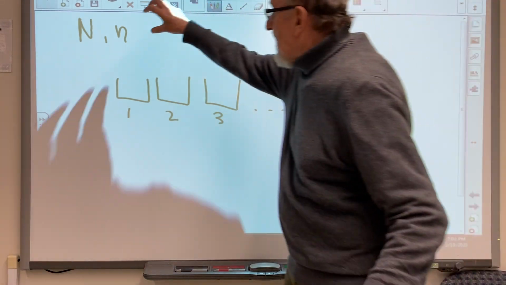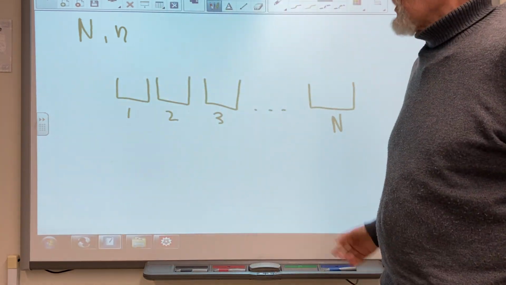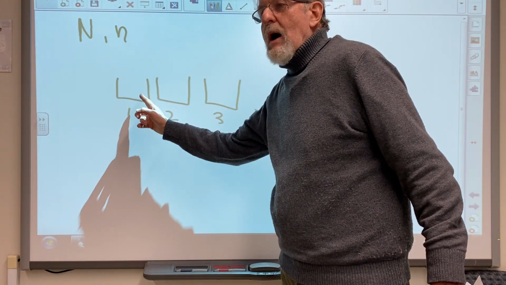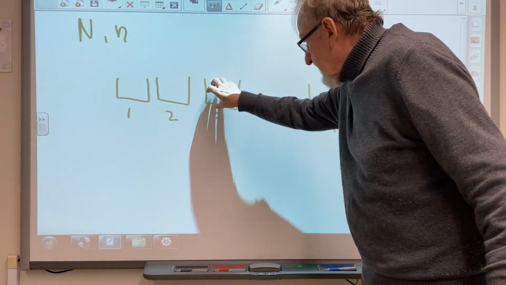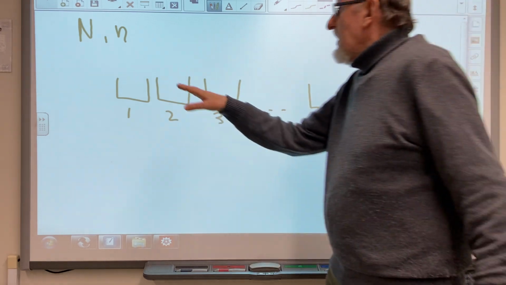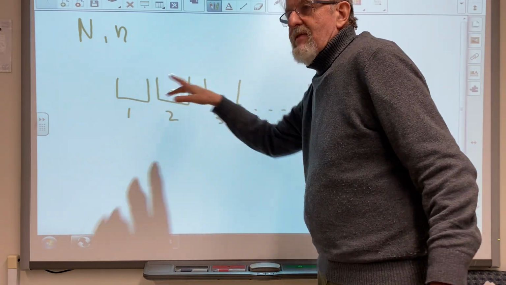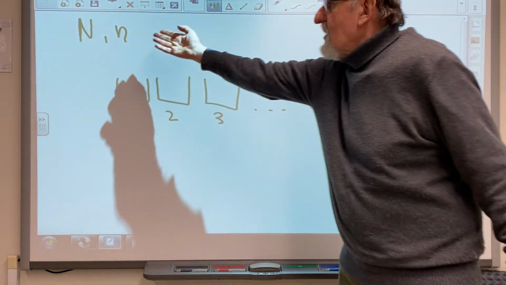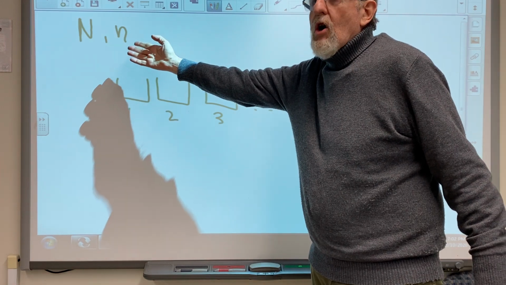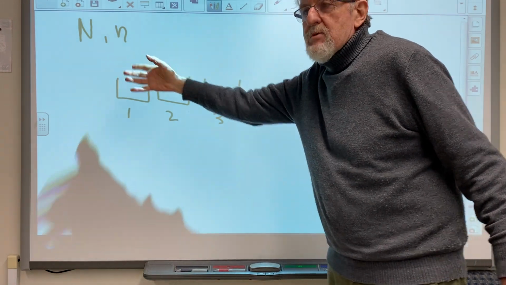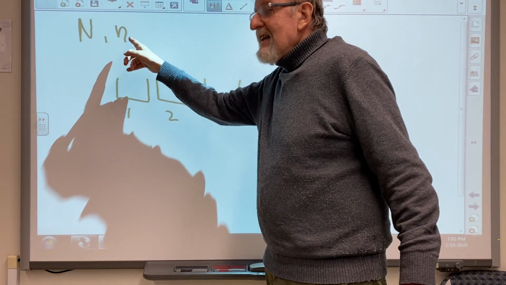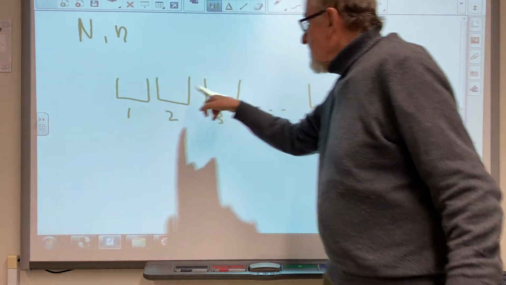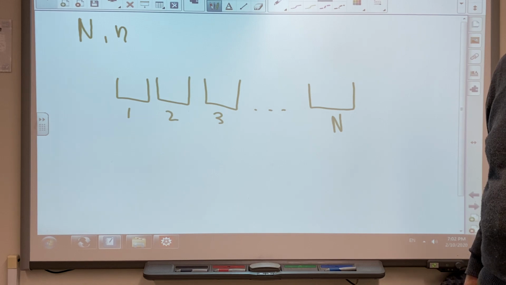Obviously you can put the n here, which would correspond to particle 1 with energy n and all the others with 0, or the n particles here, or put 2 here, 5 here, and 7 here. But any way you do it, you are distributing little n objects into n boxes.